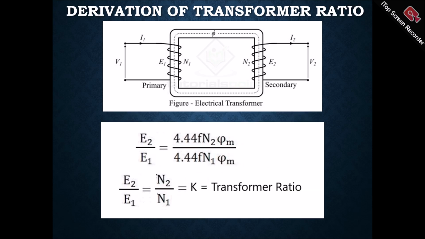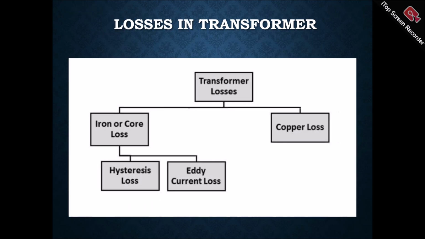The ratio of E2 upon E1 is called the transformer ratio. If we simplify it, we get this equation: E2 upon E1 is equal to N2 upon N1, which is indicated by K, also called the transformer ratio. Now let's discuss losses in the transformer.